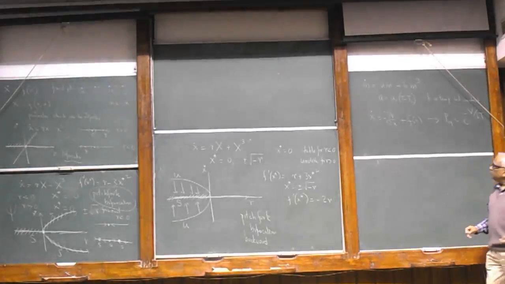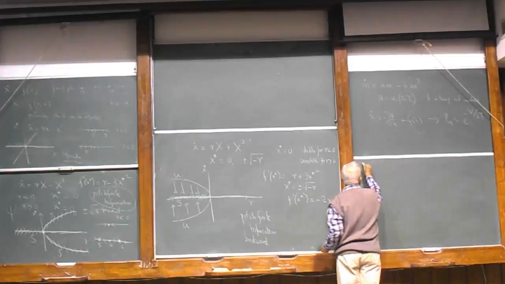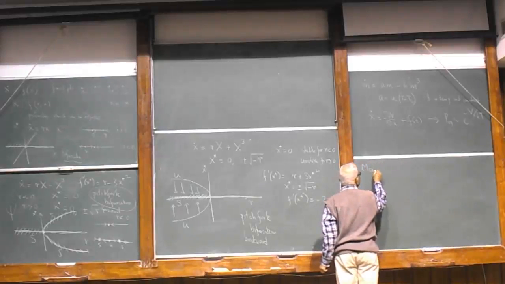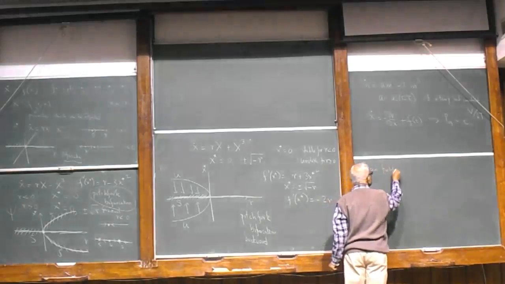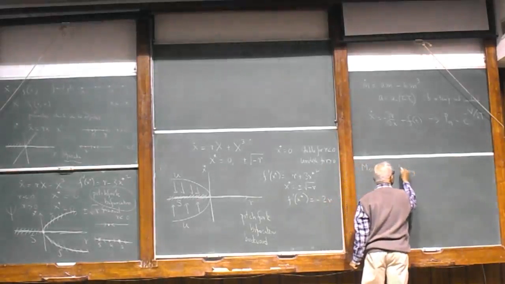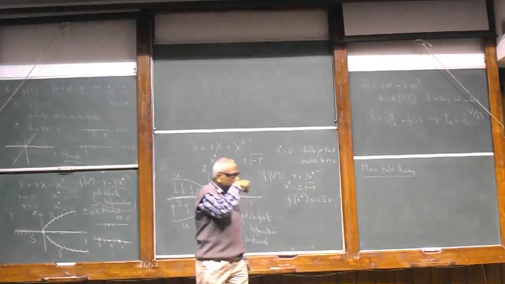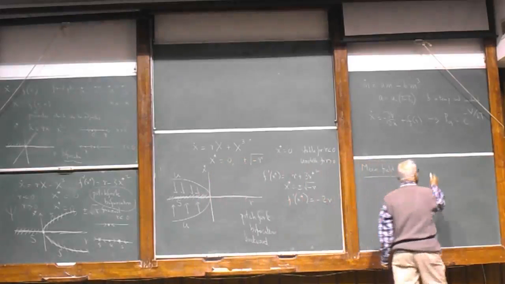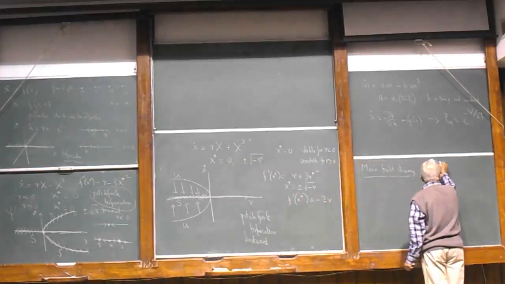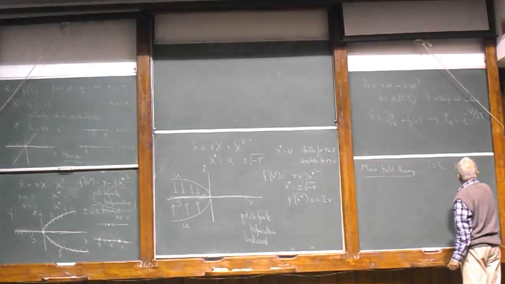If you recall the mean field theory of magnetization, I know that for T greater than Tc, I have a paramagnet.